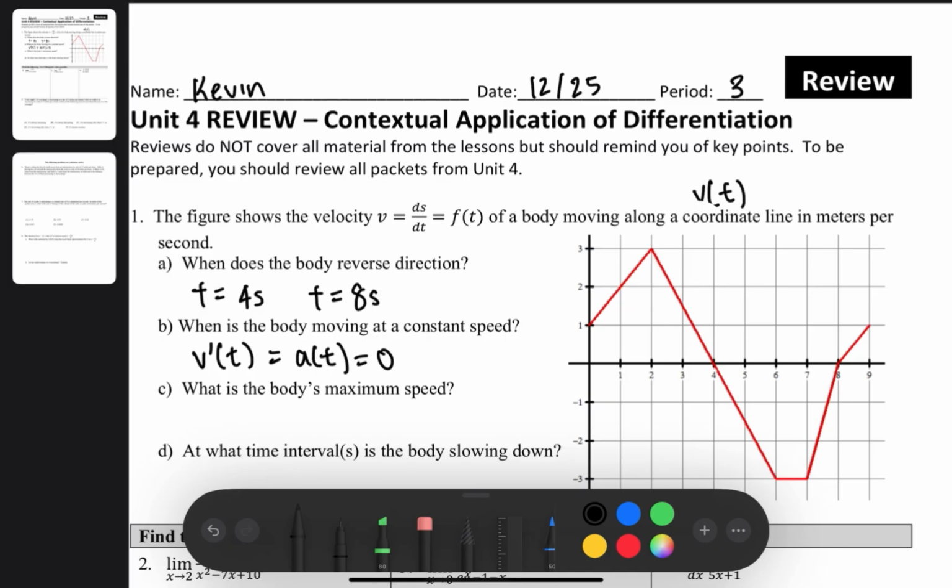In other words, if we have a graph of the velocity, we want to find the place where the slope is equal to 0. And from the graph, we can see that it's between 6 and 7. So let's just write that down. And let's erase this.